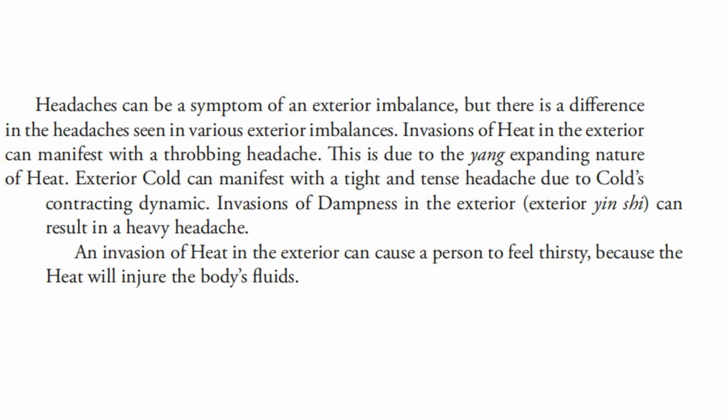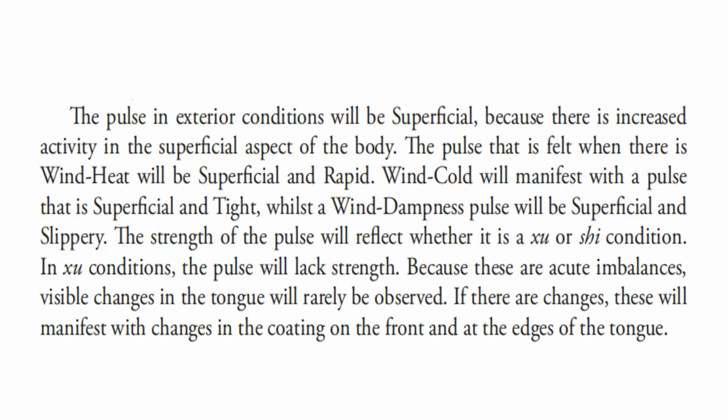The pulse in exterior conditions will be superficial because there is increased activity in the superficial aspect of the body. The pulse that is felt when there is wind heat will be superficial and rapid. Wind cold will manifest with a pulse that is superficial and tight, while a wind dampness pulse will be superficial and slippery.